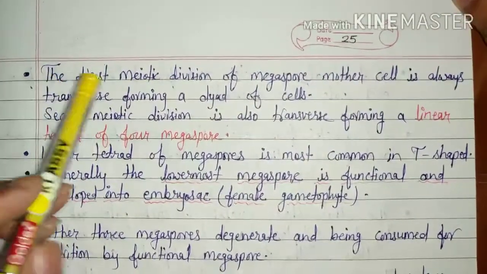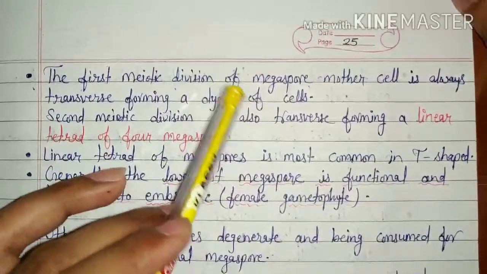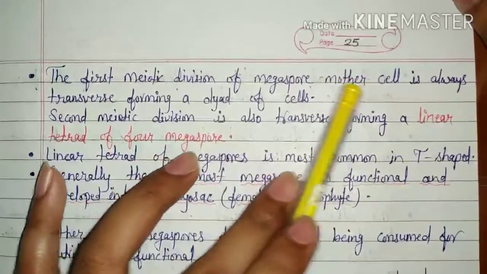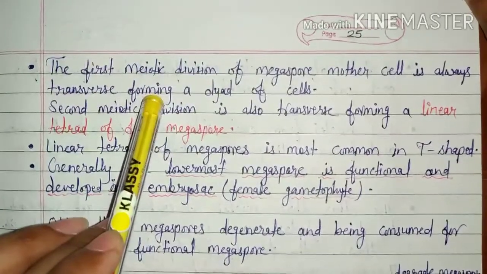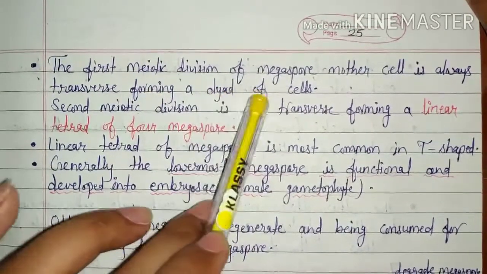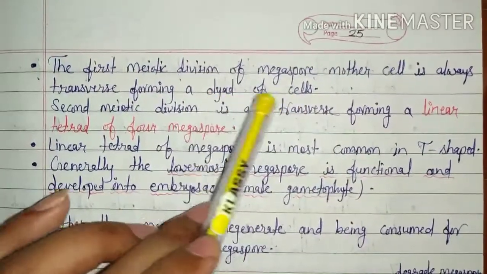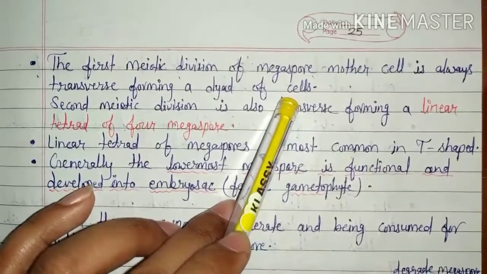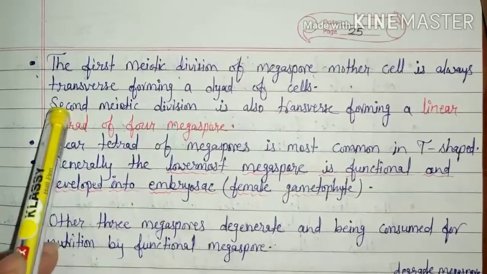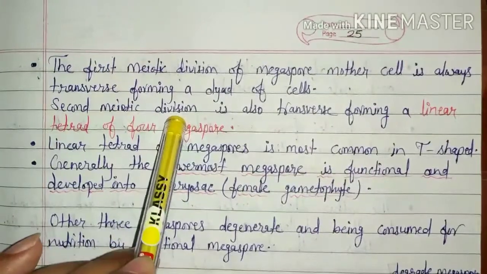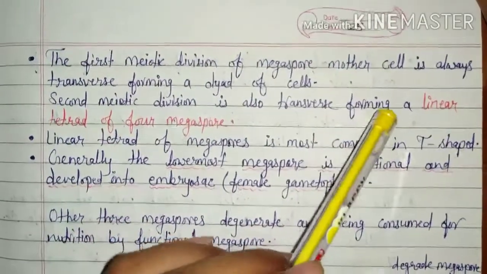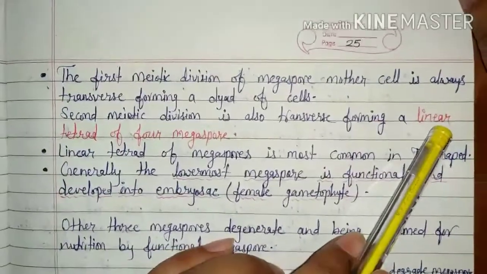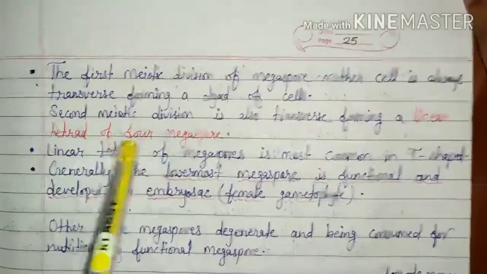The first meiotic division of the megaspore mother cell is always transverse, forming a dyad of cells. It means a two-cell group of megaspores. The second meiotic division is also transverse and forms a linear tetrad of four megaspores.